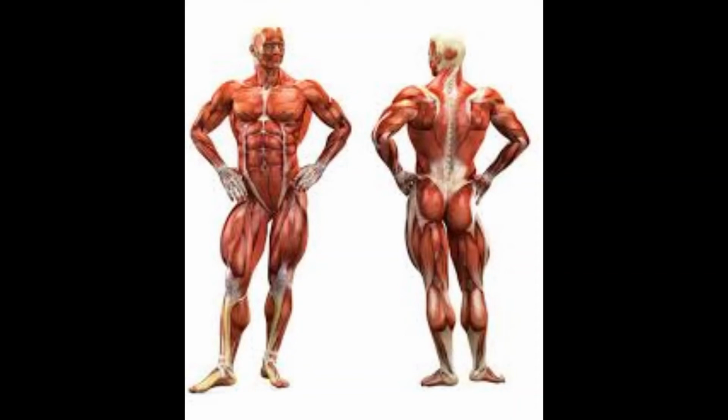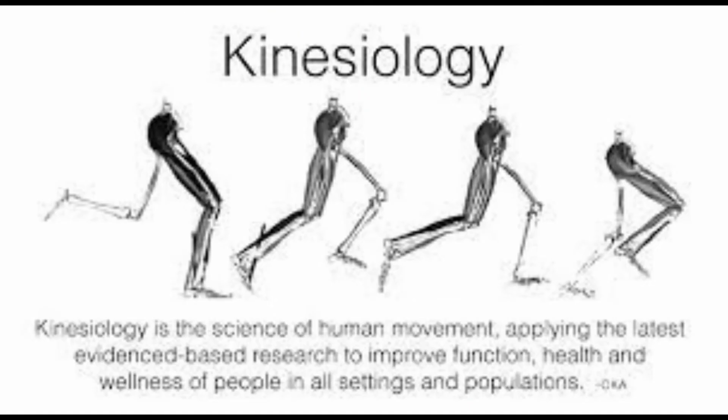The study of mechanical principles and actions applied to living bodies. This might involve looking at the static, which means non-moving, or dynamic, moving systems associated with various activities. The application of mechanical principles such as engineering to human movement.